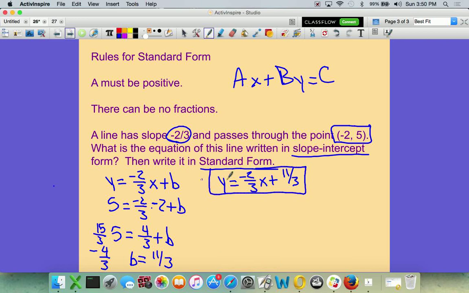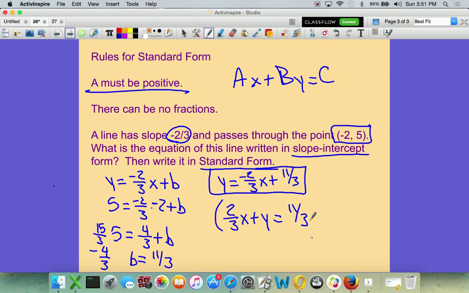We also need to write it in standard form. Remember, first step, get x and y on the same side. So we've got to move this 2/3 x over. So 2/3 x plus y equals 11/3. Then we've got to follow our rules. A must be positive. Well, that's this 2/3 number here. Yep, that's positive. There can be no fractions.